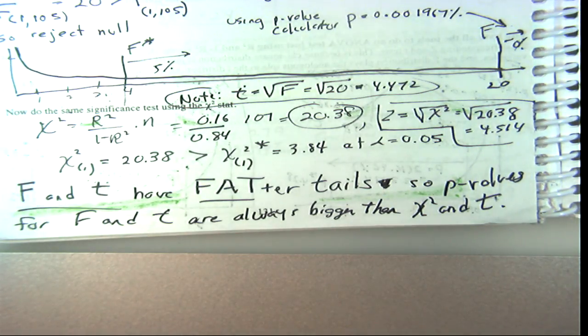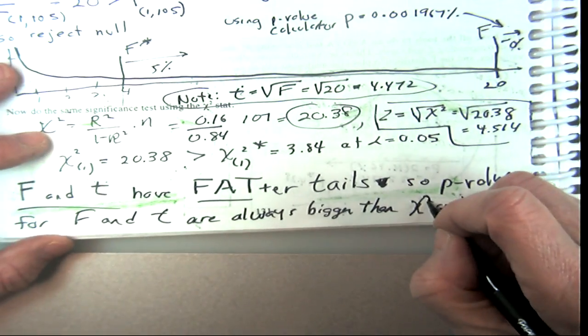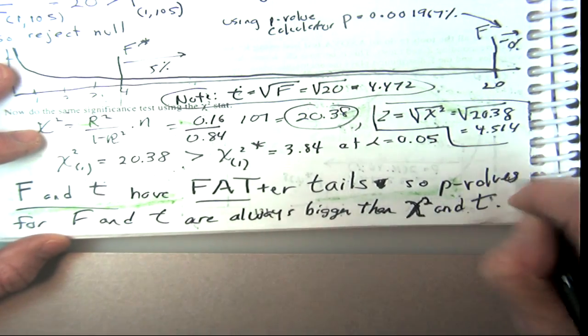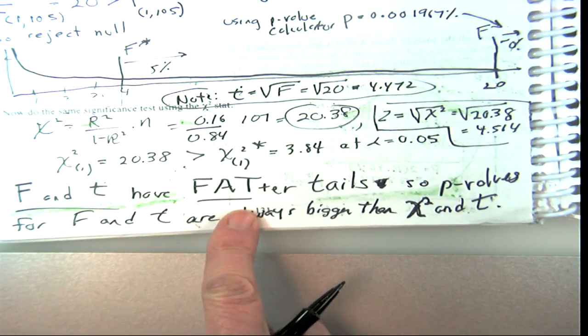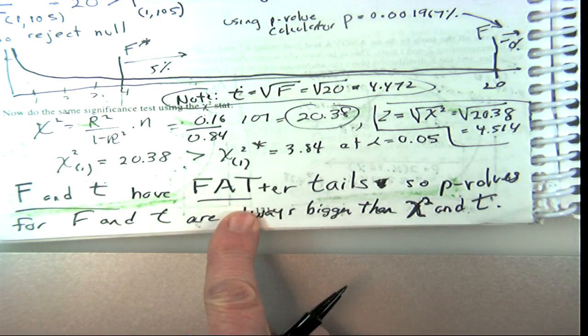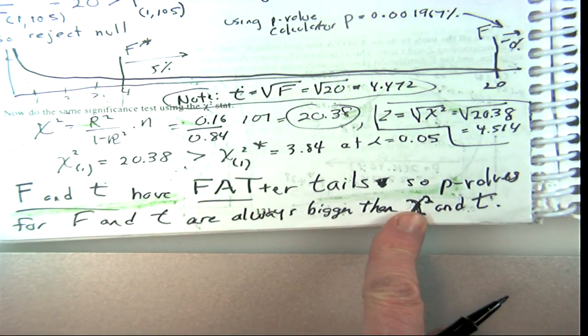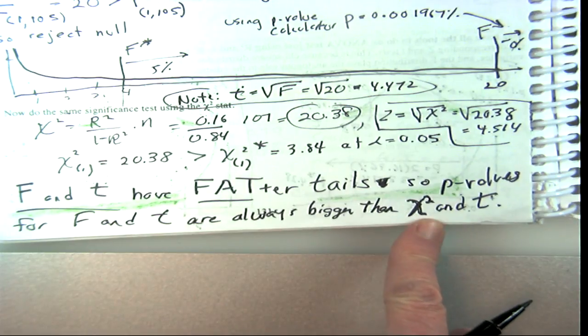What? F and T are always bigger than chi-squared. That's chi-squared and t. Okay? And did I make a mistake here? Does anybody see it? Chi-squared.